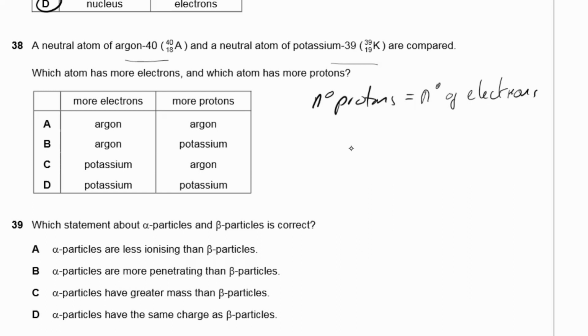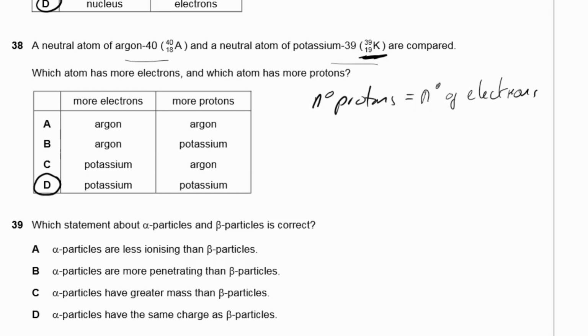Now, the proton number is a smaller number. It's the number at the bottom here. And if we look, we can see potassium-39 has 19 protons. There we are. Whereas argon only has 18. So the one with more protons is potassium. And the one with more electrons is also potassium. So it's option D.